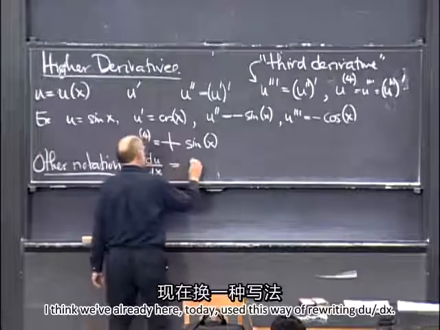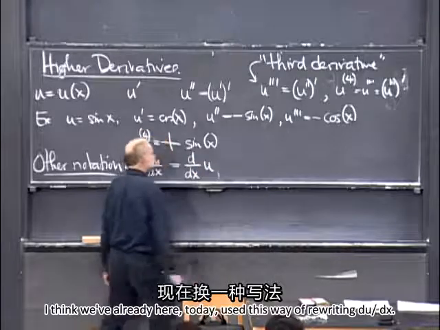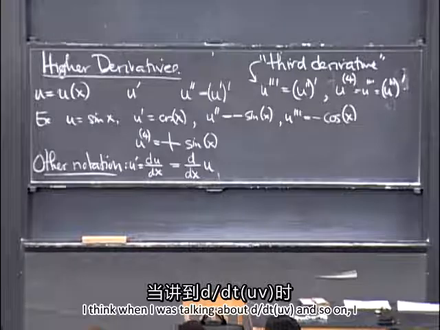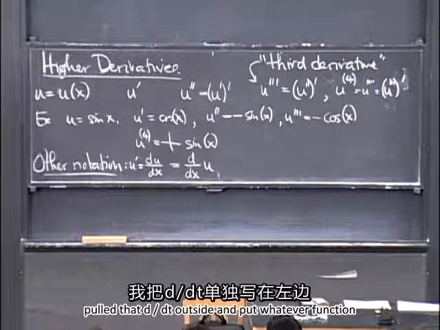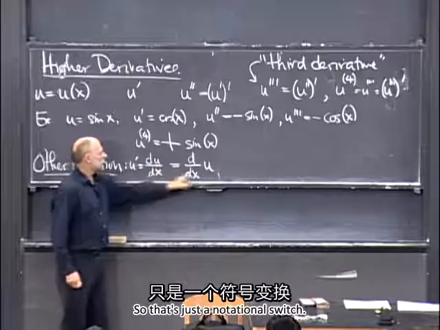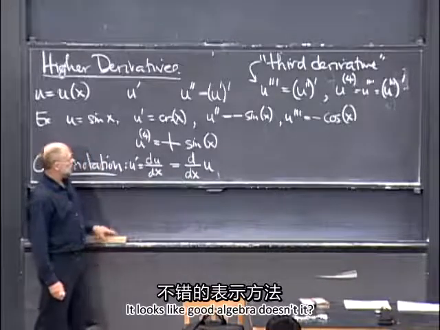I think we've already here today used this way of rewriting. I think when I was talking about d dt of uv and so on, I pulled that d divided by dt outside and put whatever function you're differentiating over to the right. So that's just a notational switch. It looks like good algebra, doesn't it?